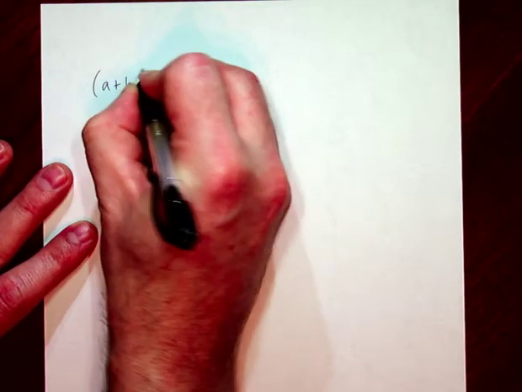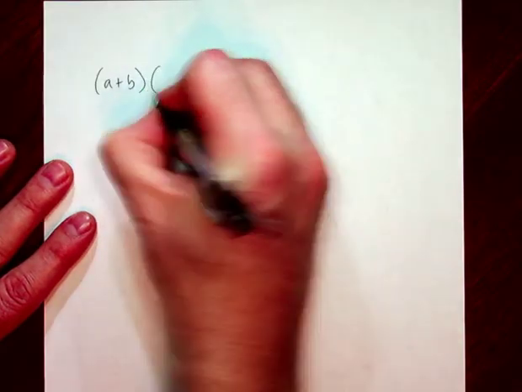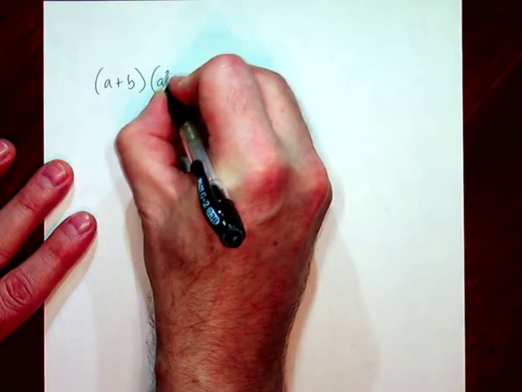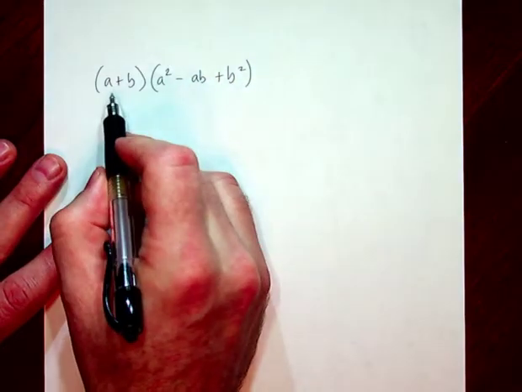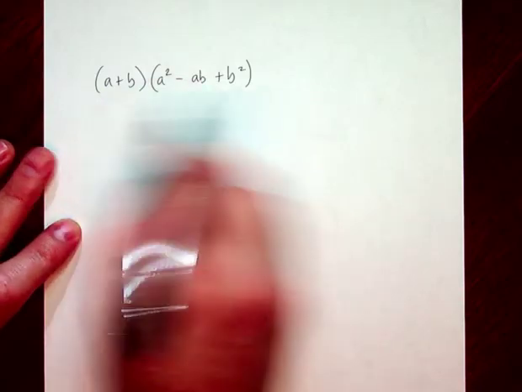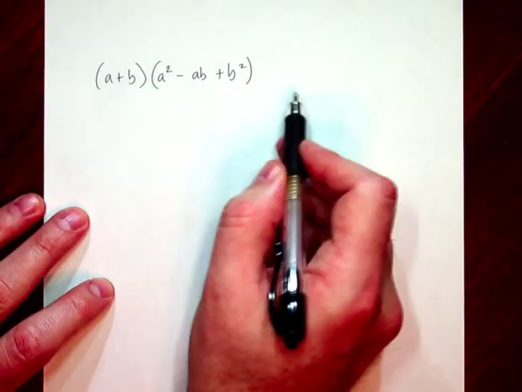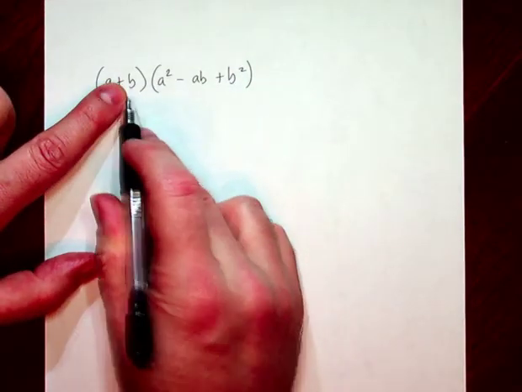Okay. Now the last style of factoring that we need to talk about is, of course, the sum and difference of two cubes. Now, this, of course, was also recognized from a lot of multiplication. They recognized that when they multiplied a plus b times a squared minus ab plus b squared, you can distribute the a plus b, and then you can do 2 rounds of double distribution, or you can just take a and multiply it by all 3 of those, and then b and multiply it by all 3 of those.